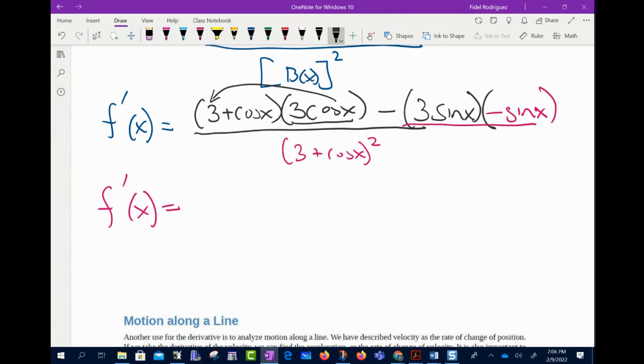What is 3 times 3 cosine x? 9 cosine x. Good. And now we're going to take 3 cosine x times another cosine x. That would give me a 3 cosine squared x, right? So the x is not being squared, the cosine is being squared.